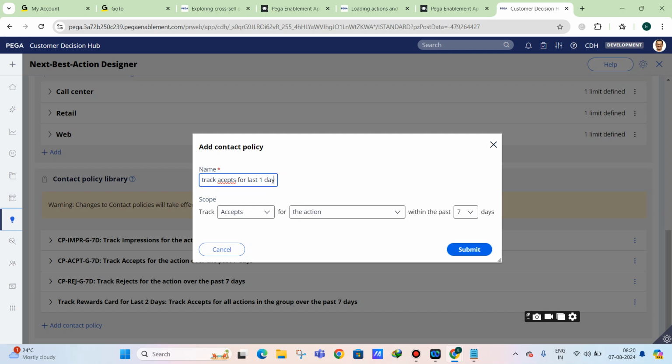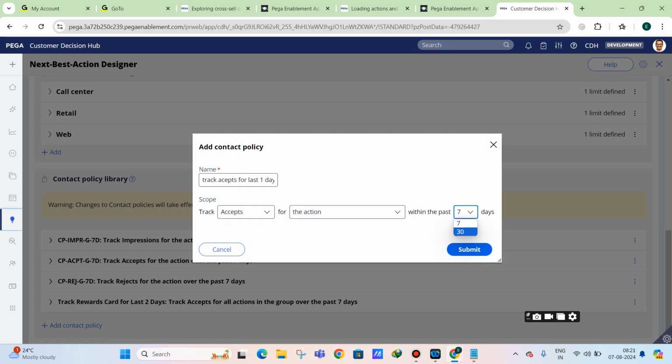That means in the last 24 hours I have to check whether any offer is accepted or not. But there is no option to select 1 day here, right? You see there are only two options, 7 days and 30 days. But in your requirement it is not 7 days or 30 days.